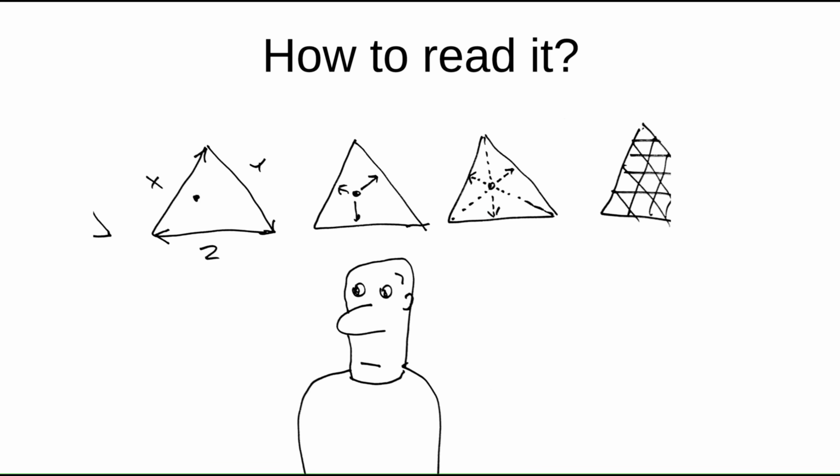So after you accept that it is relevant for the science today, you still have a question. If I place a dot inside this plot, how do I read it?